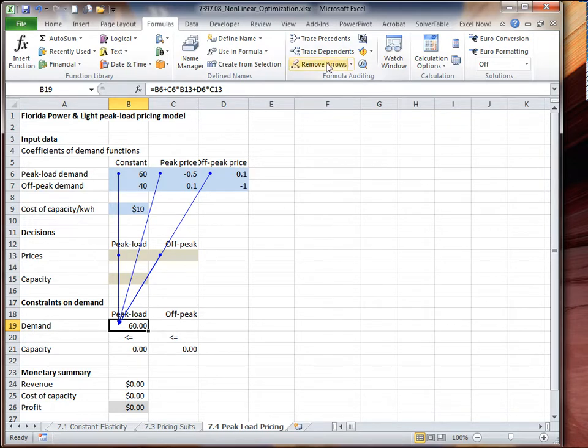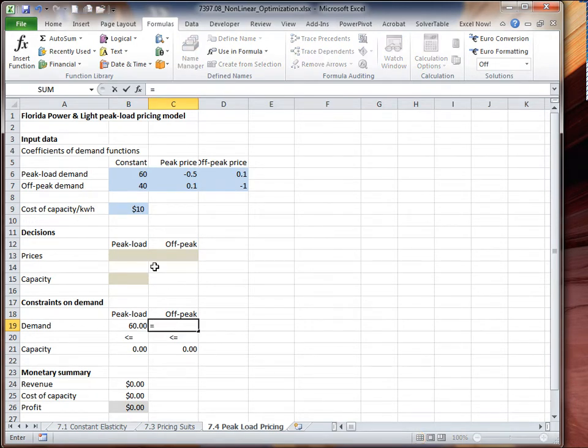Okay? How do we get the off-peak demand? Well, the off-peak demand is the same thing. It's a constant plus, in this case, the peak price times that coefficient plus the off-peak price times that coefficient. Okay. So you see how the demand numbers are calculated, right?